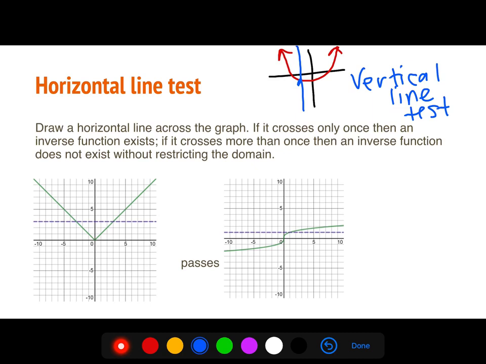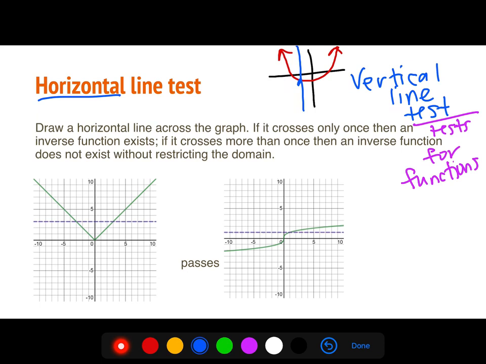If it crossed more than once, it was not a function. So the vertical line test tests whether you're a function or not.